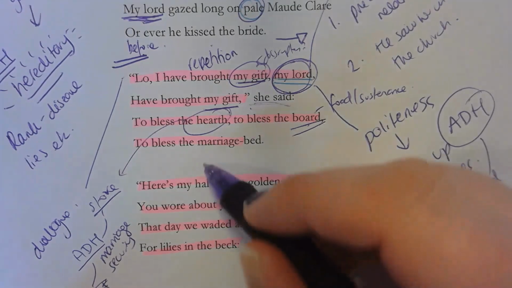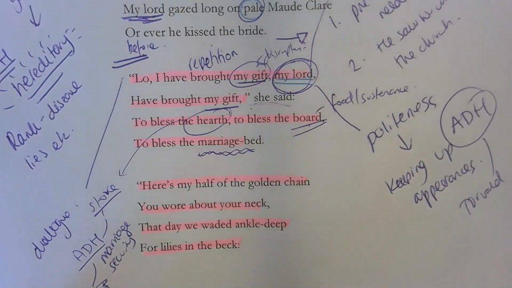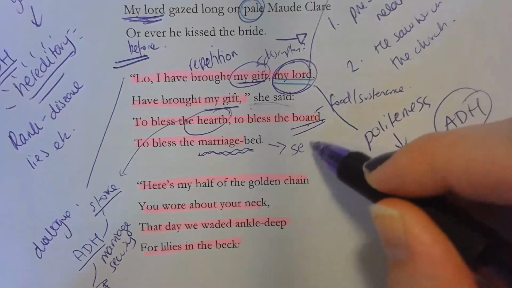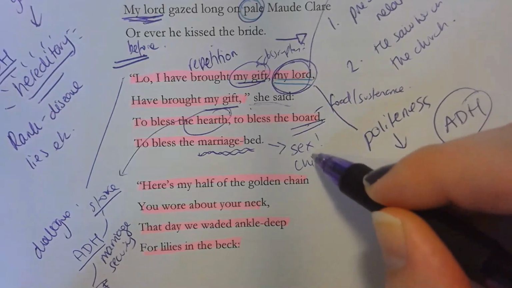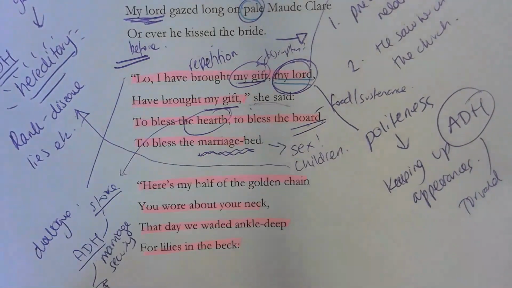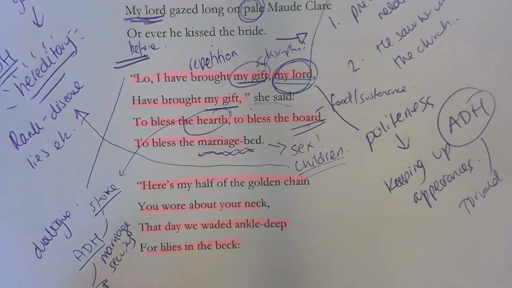Anyway, and then the final one, which is lovely to kind of throw in at the end there, the marriage bed. Now, of course, she's thinking about sex. She's also thinking about future children, which again is a slight link here to that hereditary thing and this idea that she's kind of cursing them with her thanks, and therefore is also cursing any future children that might come as a result of the marriage bed.